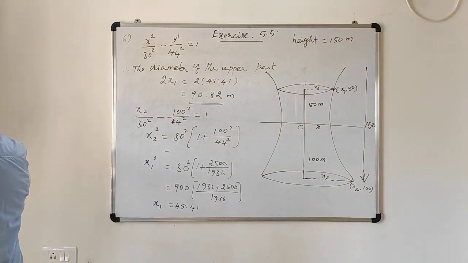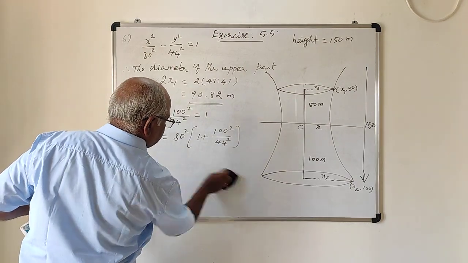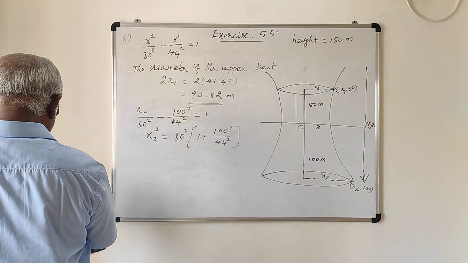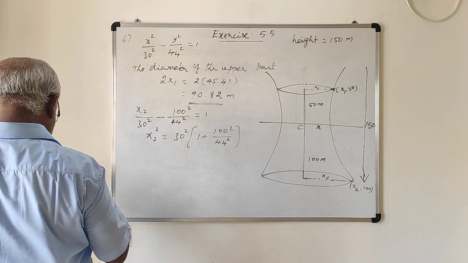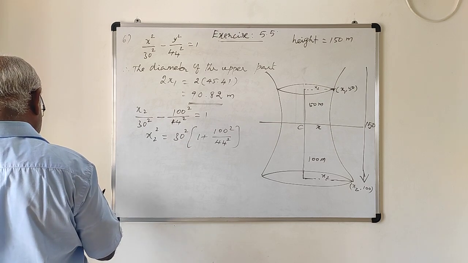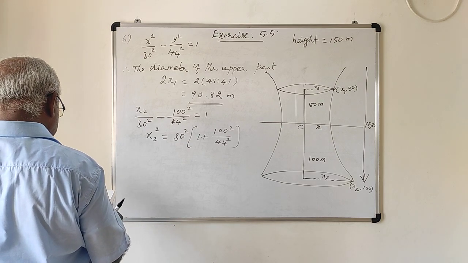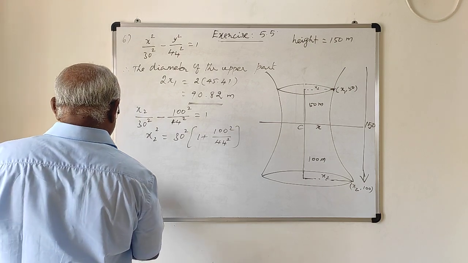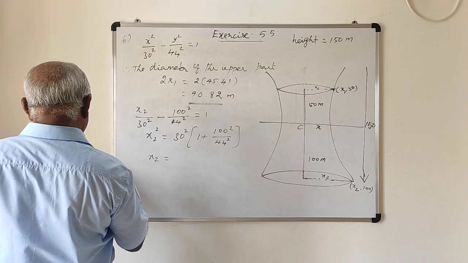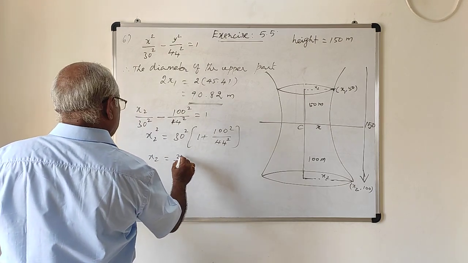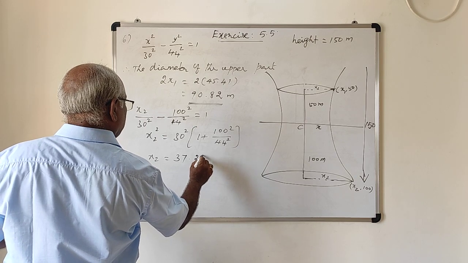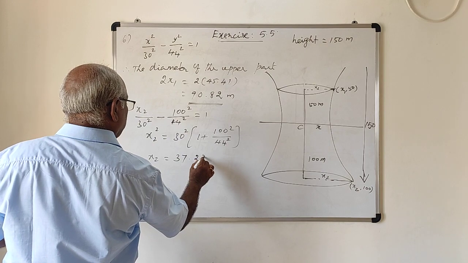So on simplification, you will get x2 equal to 37 point something.